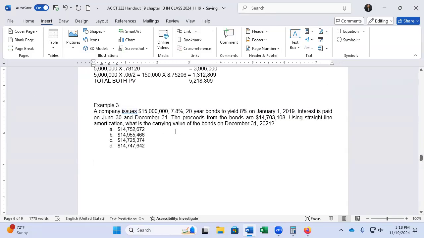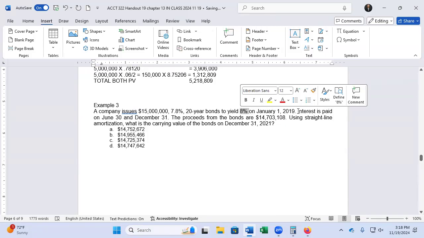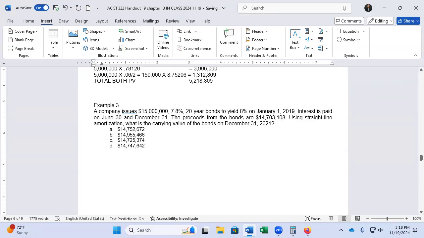It says a company issues 15 million, 7.8%, 20-year bonds to yield 8% on January 1, 2019. Interest is paid on June 30th and December 31st. The proceeds from the bond are 14,703,108 dollars. Using straight line amortization, what is the carrying value of the bonds on December 31st, 2021?